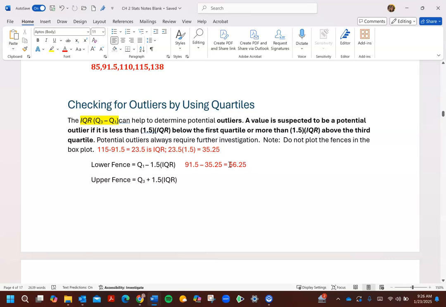And then we could do the similar thing. I'm just going to copy in the same model here. So we're going to have, instead of 91.5 though, we're going to have the 115. And we're going to add that 35.25.